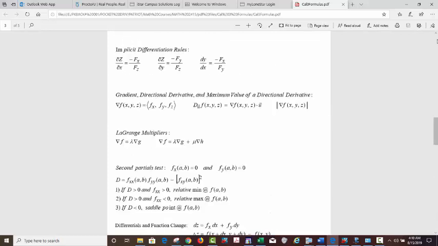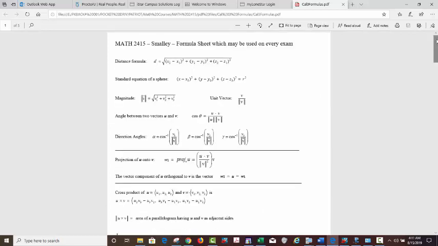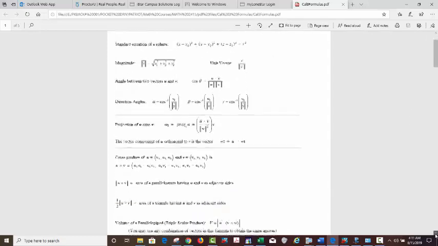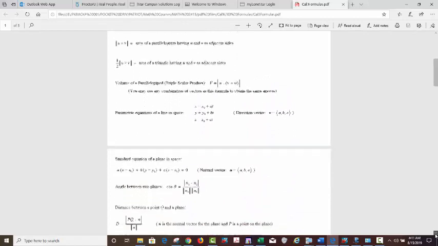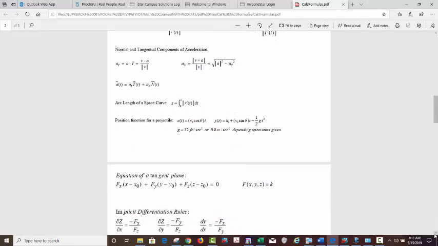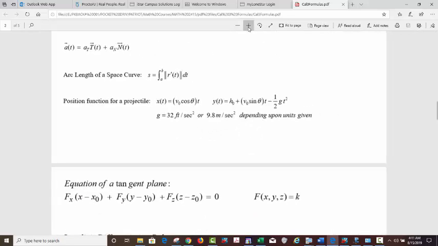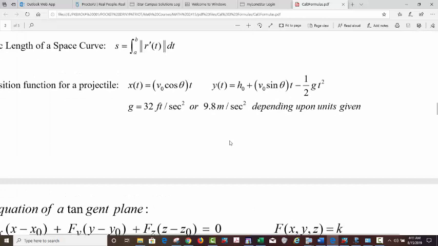Oh, here they are. So that way, you can look at these for a minute if you need to see them. Okay, and I'll go back to the problem now.